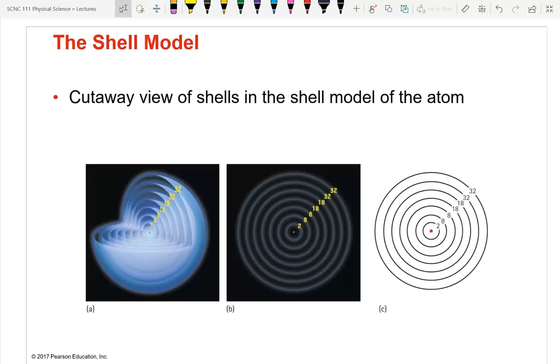And so when we look back there at the periodic table, the periods are telling us which shell we're filling. And so the first period is the innermost shell. And the second period is the next shell, and so on. Now the numbers it shows here, 2, 8, 8, 18, 18, 32, 32, those are the number of elements you have in each period.